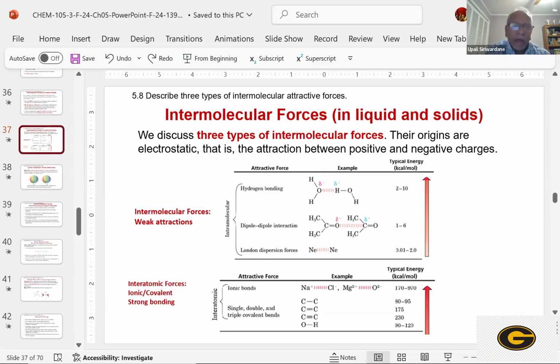All right. I am going to start from intermolecular forces where I finished last class period. There are 3 types of intermolecular forces: hydrogen bonding, dipole-dipole interactions, and London dispersion forces.